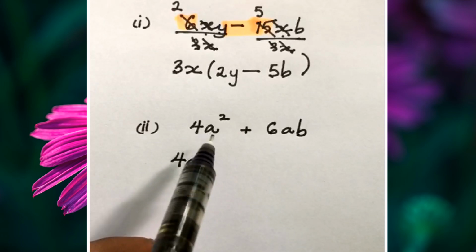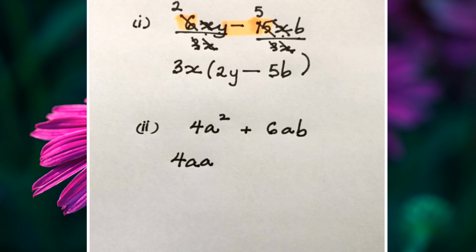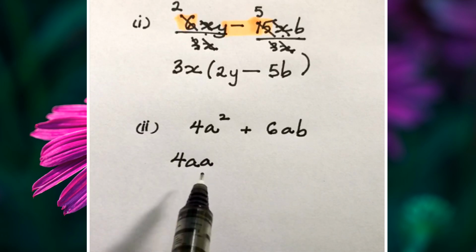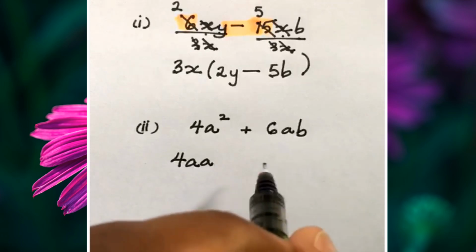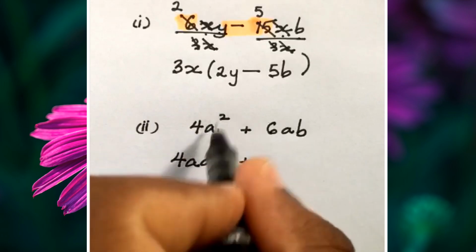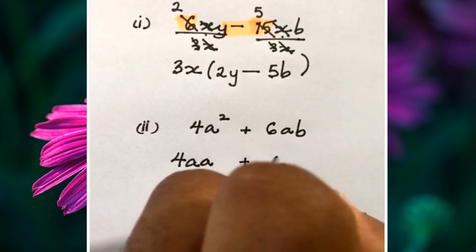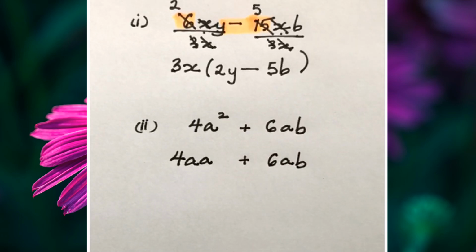This index tells us how many copies of this term or variable exist that are being multiplied. So I'm going to rewrite the indices this way. a squared becomes a times a, and then 6ab. I'm doing this to just illustrate a clear point.